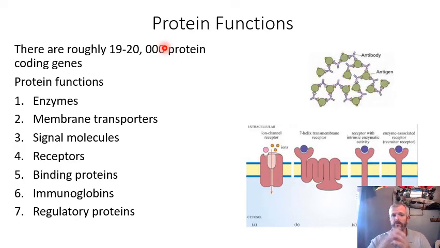And we'll see there's even more than that. There are multiple proteins that can be coded for each gene, giving us a large amount of proteins that can be made in our body through the codes in our DNA.